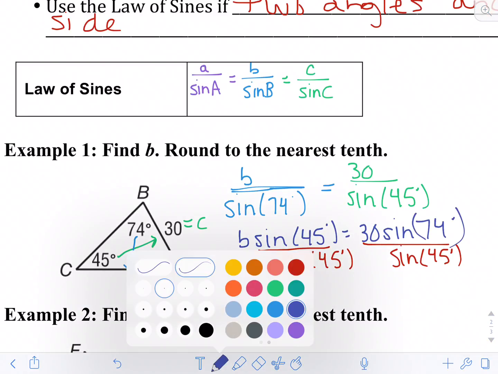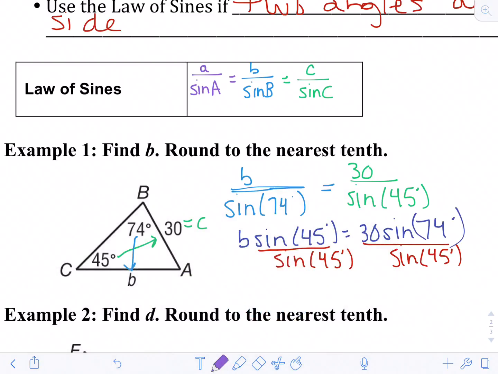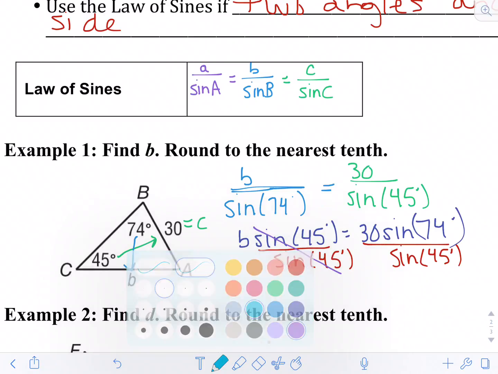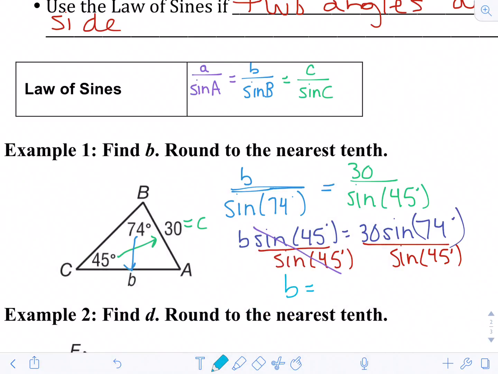Okay, so we know that these are going to cancel out, and so you will get b is equal to, when you type in your calculator, 30 times sine of 74 divided by sine of 45. Round it to the nearest tenth, it'll come out to 40.8. And there's no units on my triangle, so that's why I don't have units on my answer.